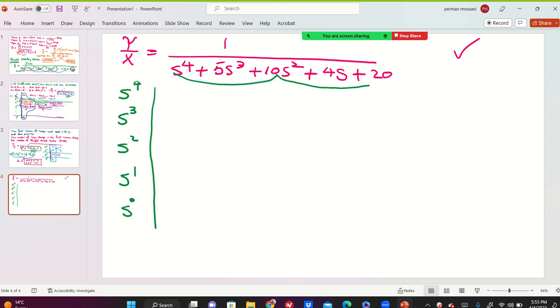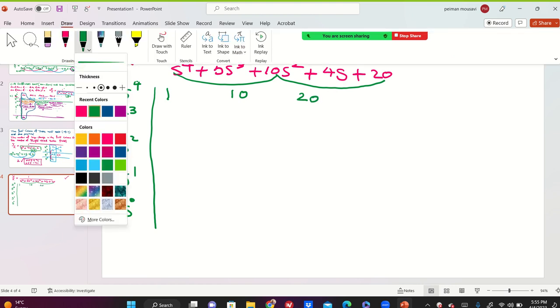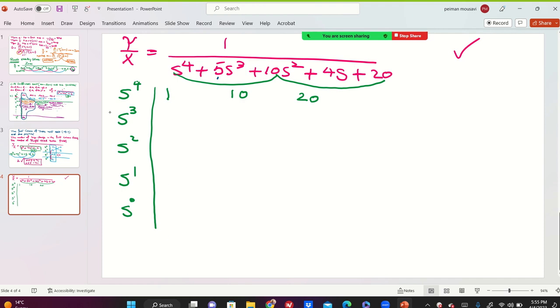It is this: 1, 10, 20. Now you have to do this: 5, 4, and here is 0 because there's nothing.